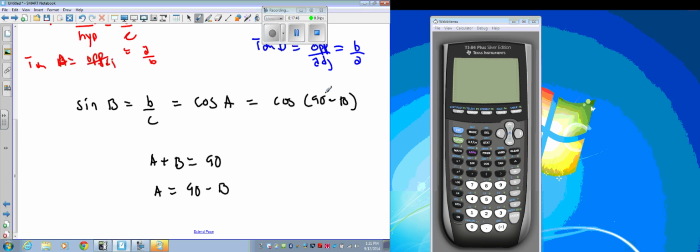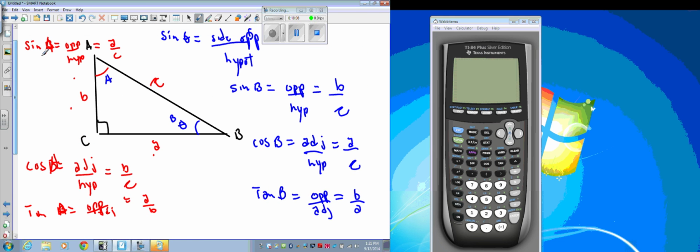So if you take the sine of whatever angle you've got, it's going to equal the cofunction, or cosine, of its complementary angle. And the cofunctions of each other are sine and cosine, tangent and cotangent, secant and cosecant.